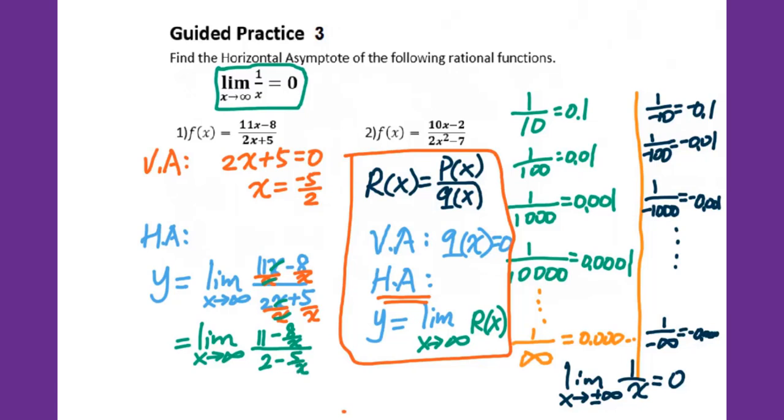You will get the limit as x tends to infinity of 11 minus 8 over x, over 2 plus 5 over x. When x tends to infinity, any number divided by x will be 0. Therefore, your final answer will be 11 over 2. So y equals 11 over 2 is the horizontal asymptote, and the vertical asymptote line is x equals negative 5/2.